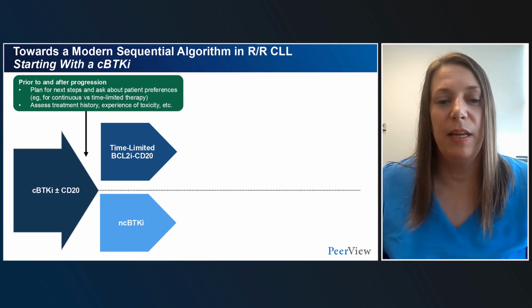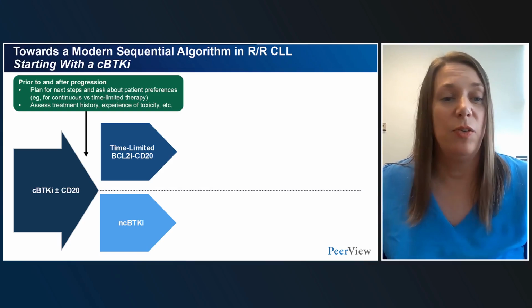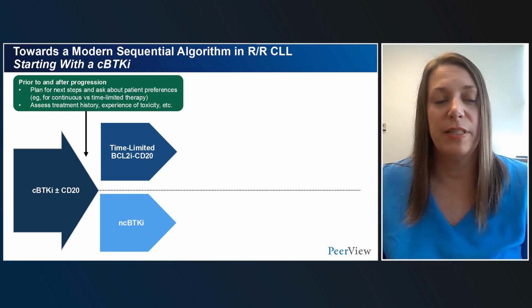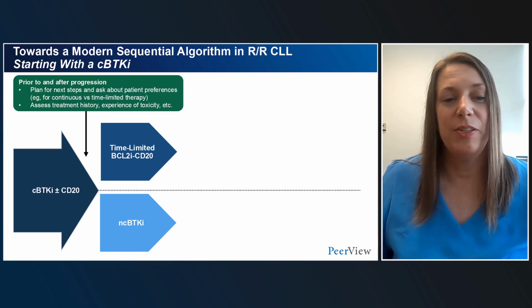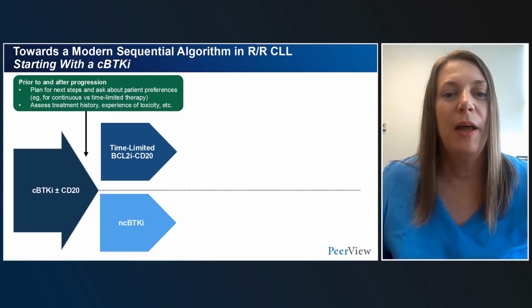Here, when I'm talking with patients, a lot of this comes down to logistics. Do they want to have a treatment-free interval since they haven't had one before? Do they want something that's going to be just as well tolerated as what they took before, potentially even better tolerated in the case of pirtobrutinib?